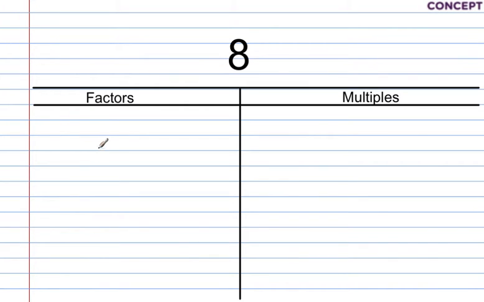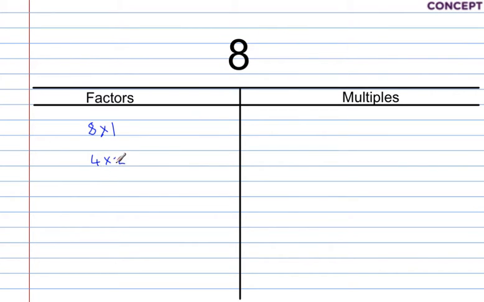Okay, so the factors are the numbers that multiply to give you the number 8. So for example, we could have 8 multiplied by 1. So 8 and 1 are factors of 8, because 8 multiplied by 1 is 8. We could have 4 multiplied by 2, because 4 multiplied by 2 is 8.